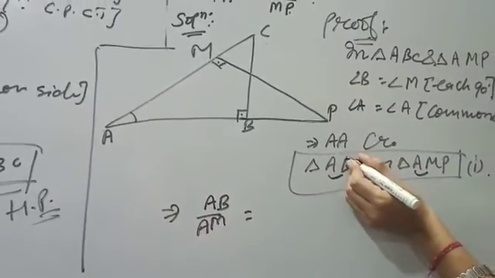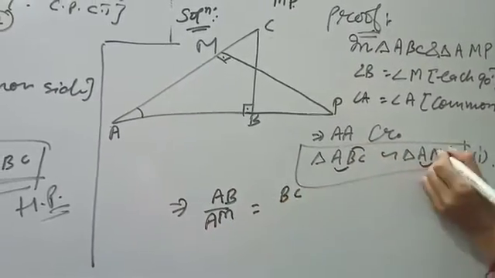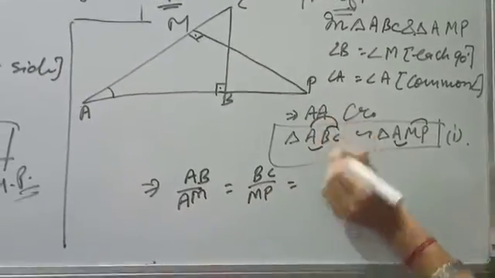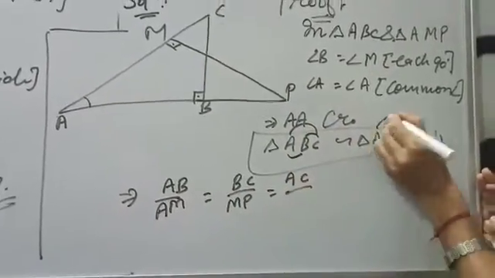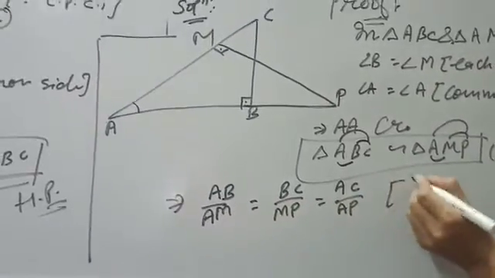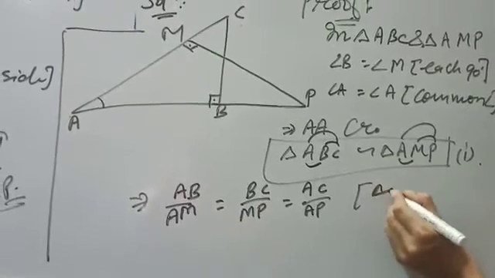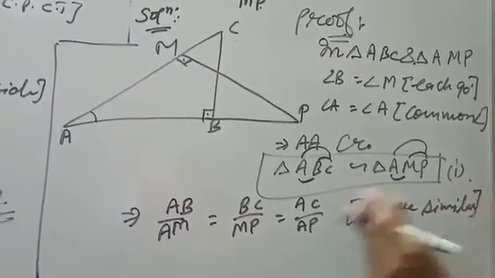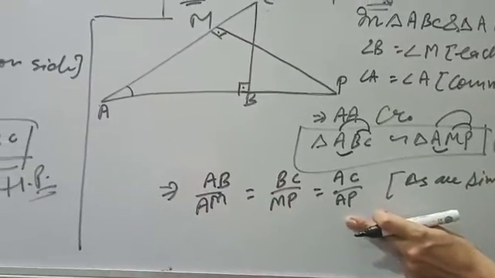So BC upon MP is equal to AC upon AP. These three ratios will be equal as the triangles are similar.